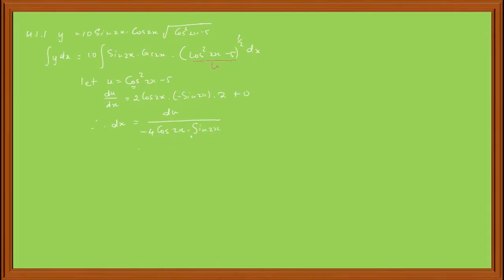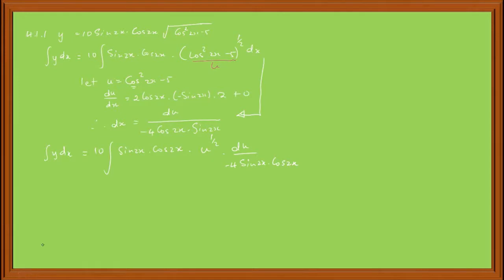Now let's substitute this as dx. The integral of y dx is the same as 10 integral of sine 2x multiplied by cos 2x multiplied by u to the power half into du divided by minus 4. We can regard it also as sine 2x cos 2x, because 1 times 2 is the same as 2 times 1.